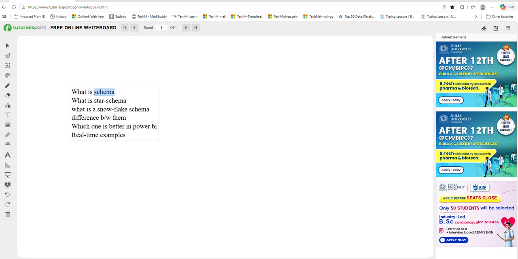What does schema mean? In Power BI, we connect multiple tables, right? Like sales table, customer table, products table, date table. The way these tables are connected is called a schema.